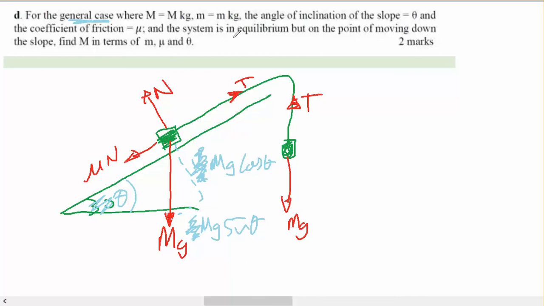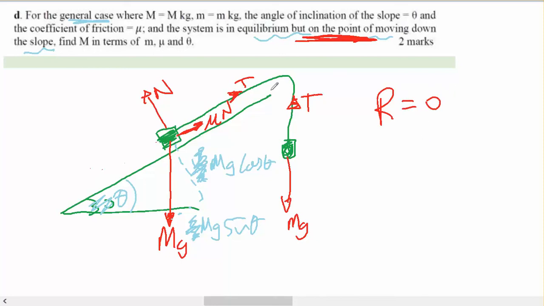And we're looking at the point where it's in equilibrium but about to move down the slope. Since it's about to move down the slope, my friction will go up the slope because it's always going to be opposite to the direction of motion. So that's mu times N. If it is about to move, at the point of moving, then R equals 0.